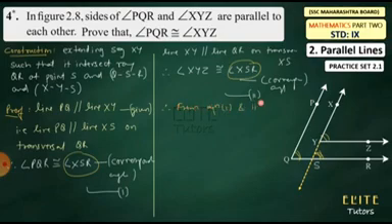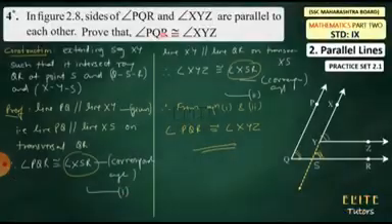From 1 and 2, we can say that PQR is congruent to XYZ. Here our solution is completed. We wanted to prove that PQR is congruent to XYZ, and we have proved PQR is congruent to XYZ.